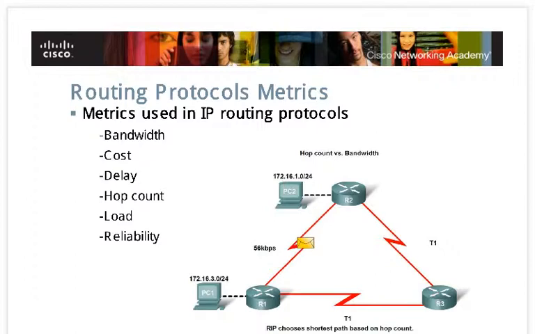But this one contains a T1 connection, which is like 10 megabits per second or something like that. Okay, so in terms of number of hops, this one is the best, right? But in terms of bandwidth, it's better to go this way because this way has a larger bandwidth.